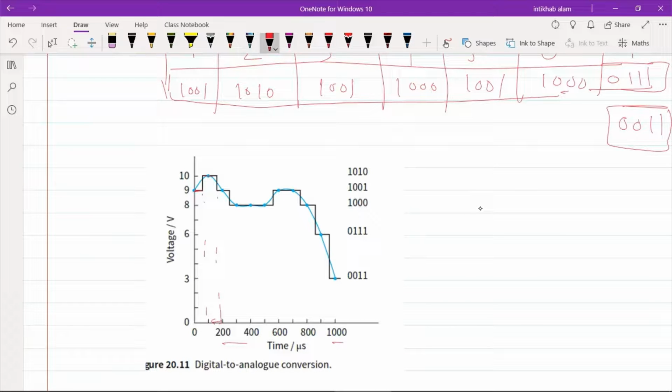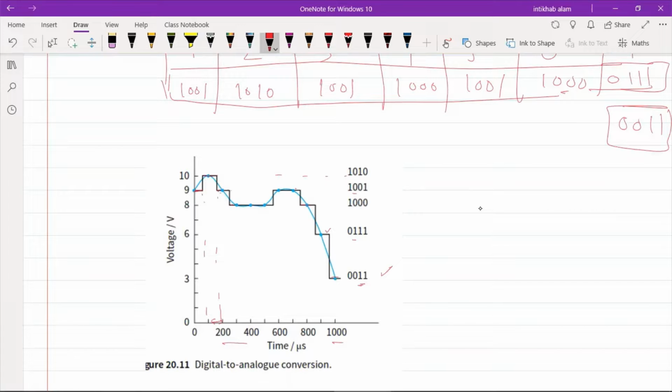These steps are representing, because here there were two exactly similar values, so we prolonged it. Here this is the last one, 0011. This was the second last, 0111. Similarly, this is 1000, and this value is over here. So we have plotted all the values.